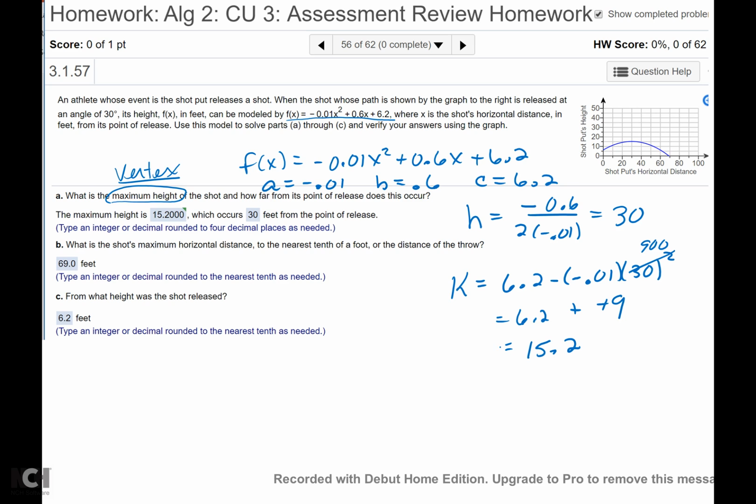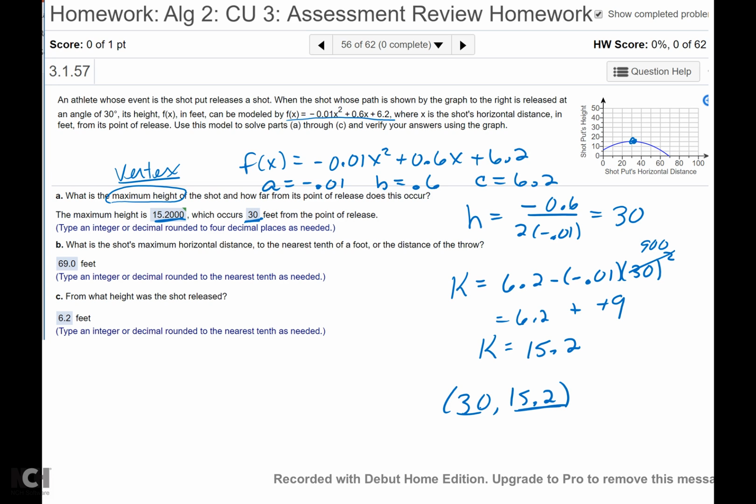So my maximum height, or my vertex, is at 30, 15.2. That's this point right here. That's the highest point. So the maximum height, again, that's the y-coordinate, and it occurs x feet from the point of release.